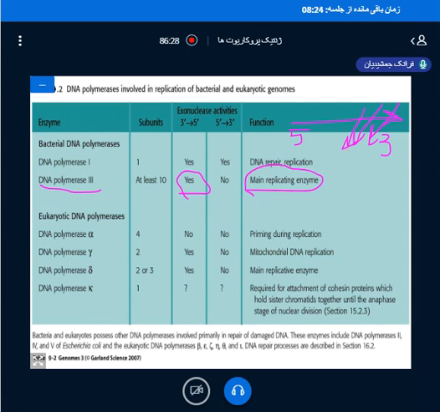So we call this function proofreading. Understand? Do you want me to repeat?